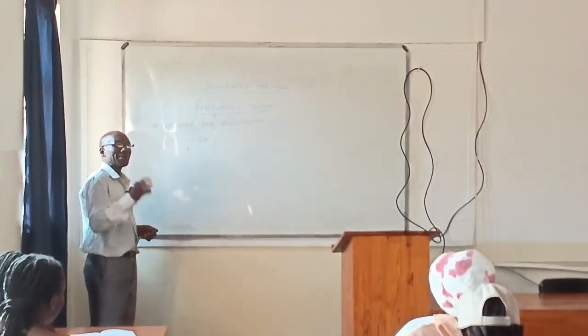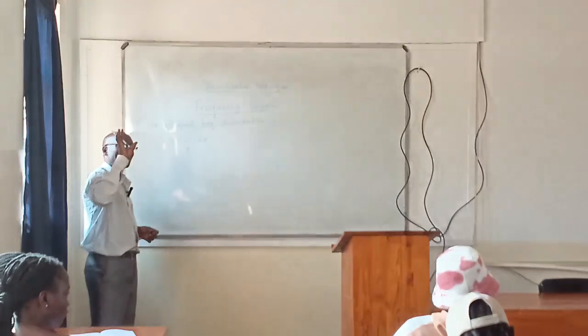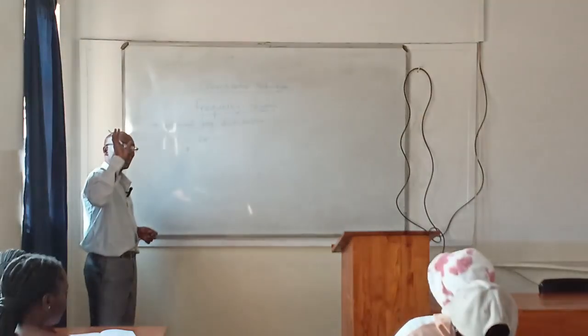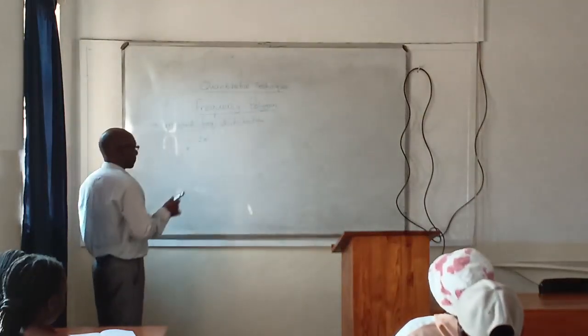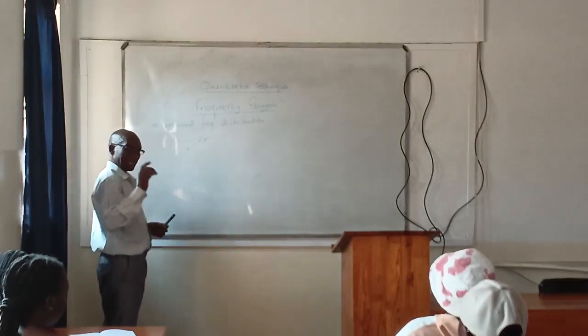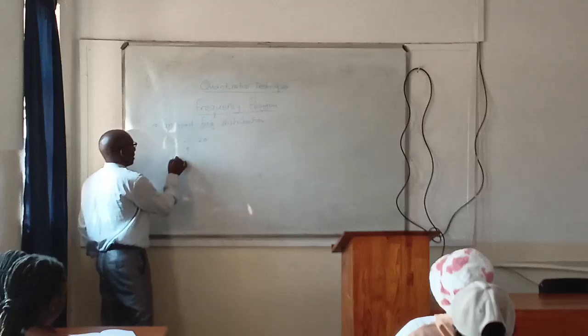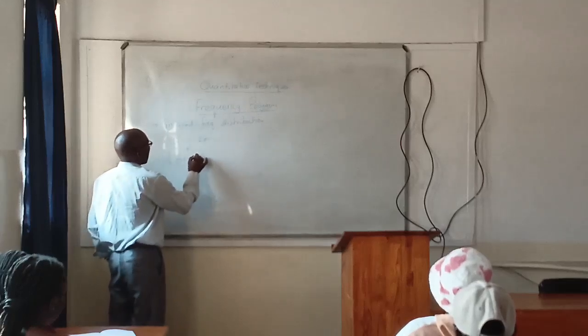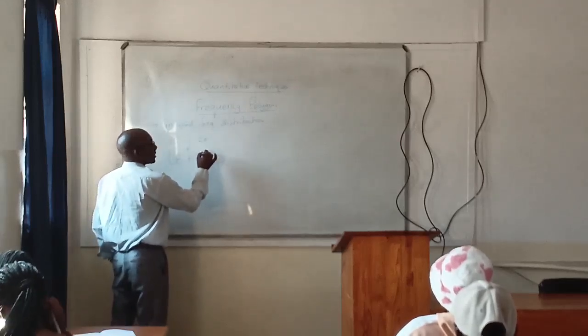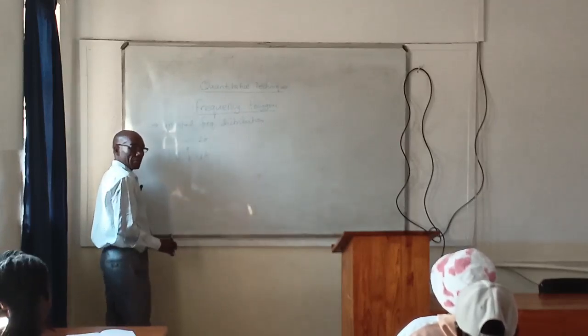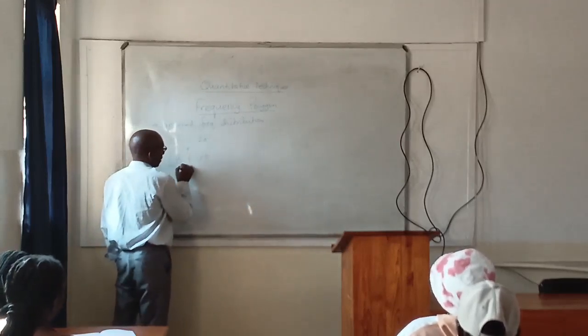We add the lower bound plus the upper bound, or boundary. Then we divide by 2.